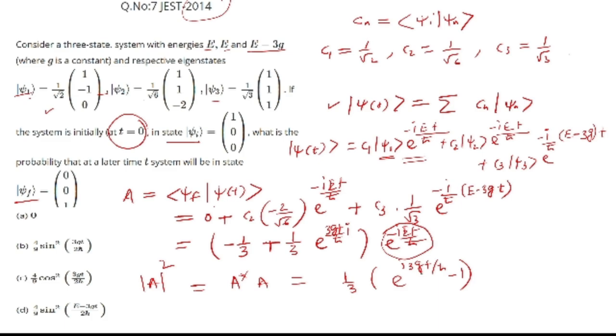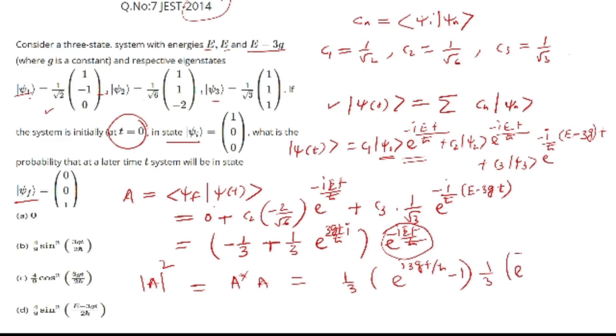Or we can also take common out one part from here and easily use the form. Okay, no problem, we can multiply directly.